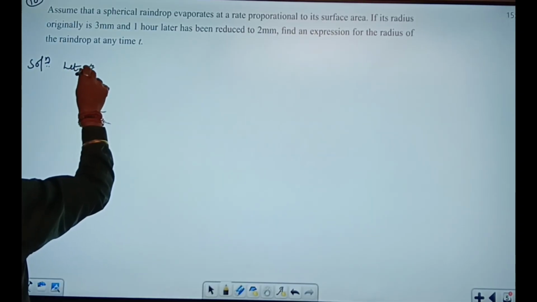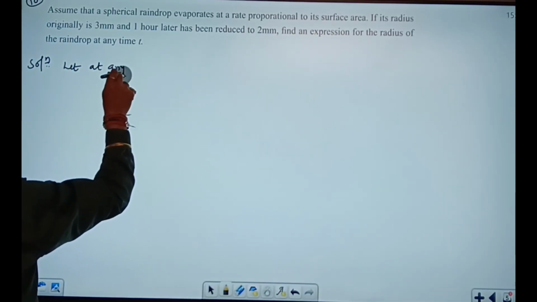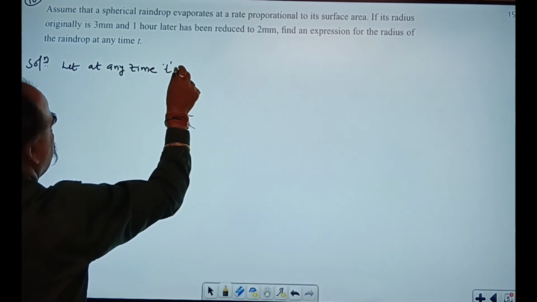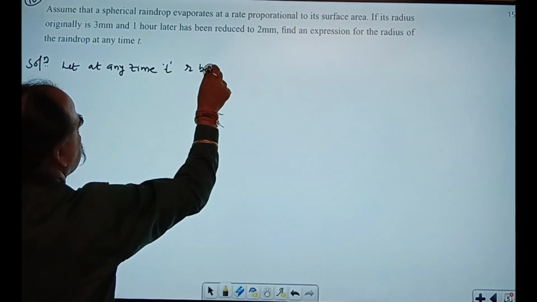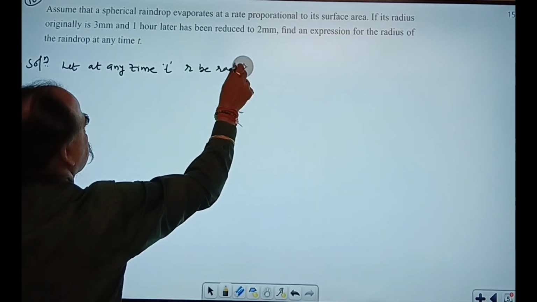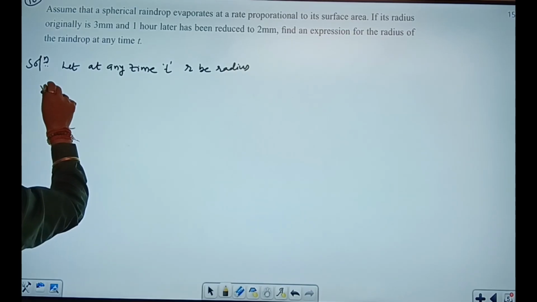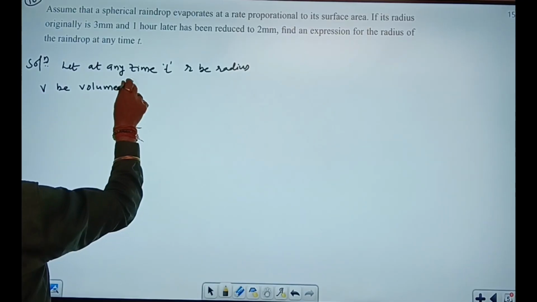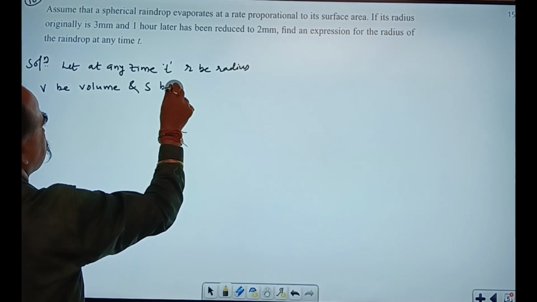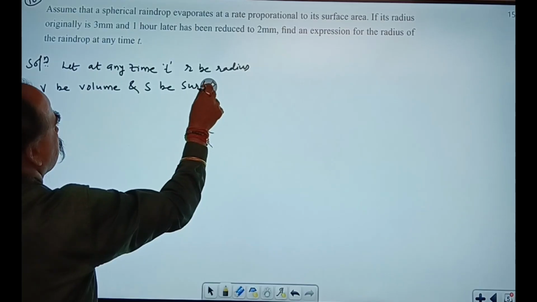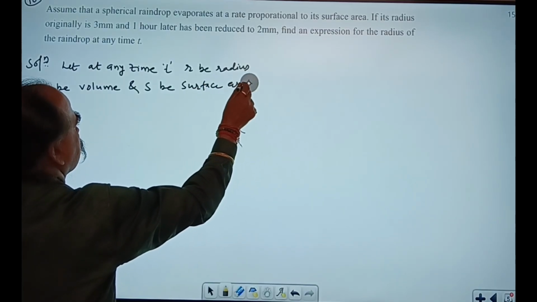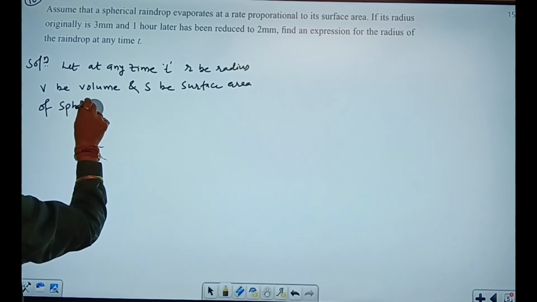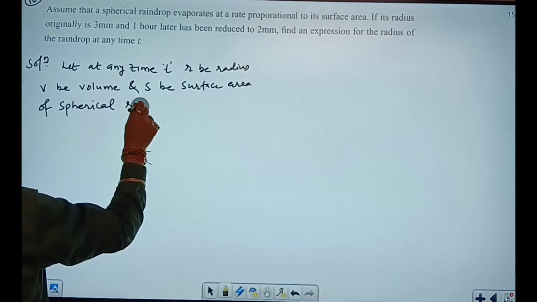Let at any time t, r be radius, v be volume and s be surface area of a spherical raindrop.